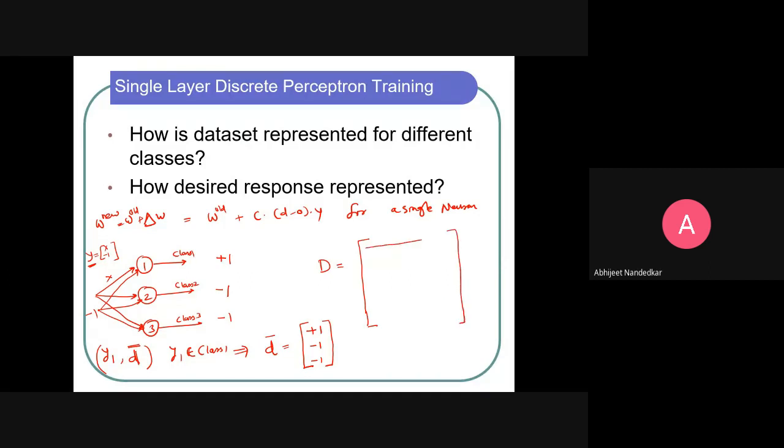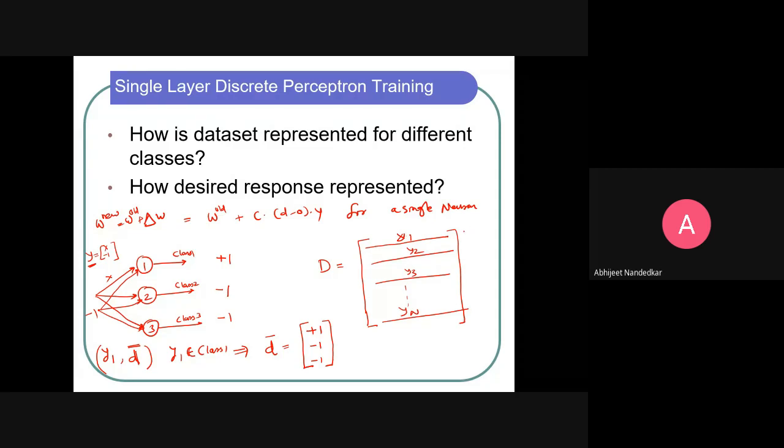Say this will be my input, x1 or y1, then this can be y2, this can be y3 and so on up to how many? Suppose I have y capital N inputs. You can arrange like this.